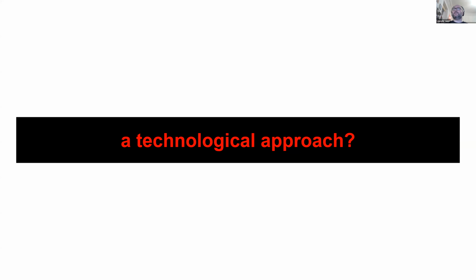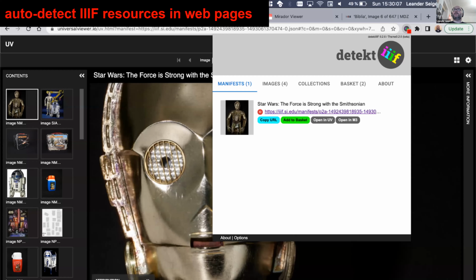It's the approach I already presented at the IIIF conference earlier this year. It's the Detektiv browser extension. This is an extension that was originally invented to discover IIIF resources in web pages. So it already tries to solve some of the problems I emphasized at the beginning of this talk.